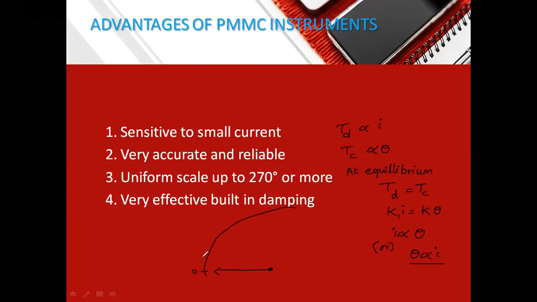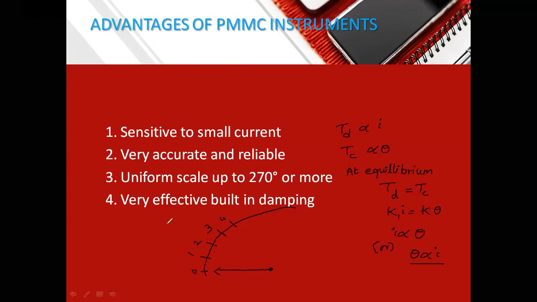The angular distance between two readings will be the same. You can see this distance, this distance, this distance is the same. This is 1, this is 2, this is 3, this is 4. And this is what we mean by uniform scale.